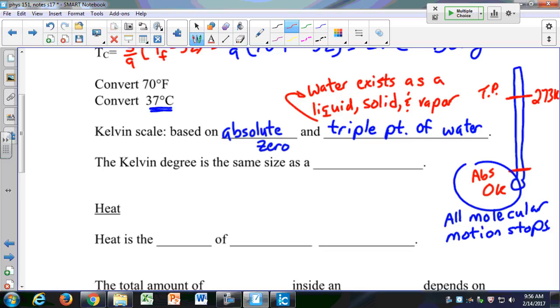And it's a point that's very close to 0 degrees Celsius. It's just slightly above 0 degrees Celsius. The Kelvin degree is the same size as the Celsius degree. That's by design.